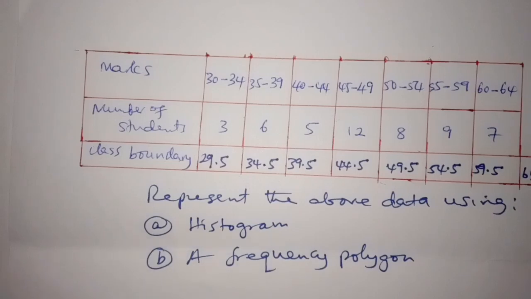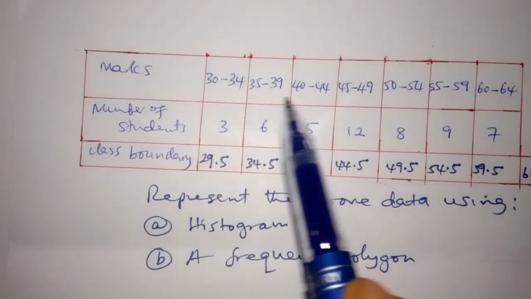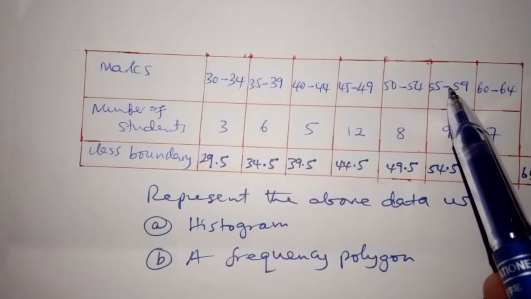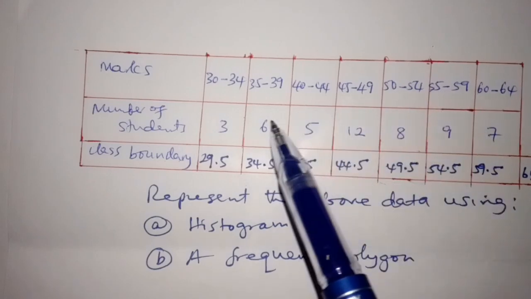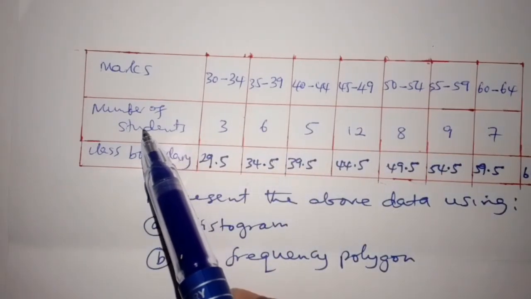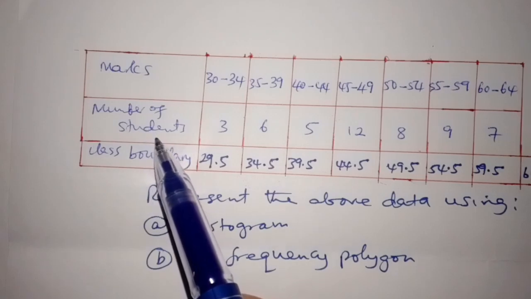Now what we do, we draw the marks scored on the horizontal axis, and the number of students, which is going to become the frequency, we draw on the vertical axis.